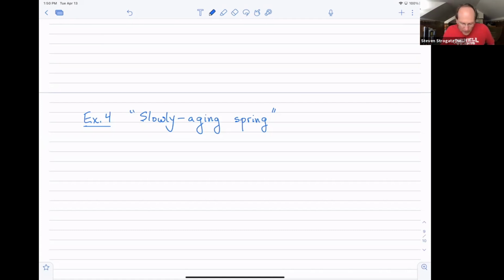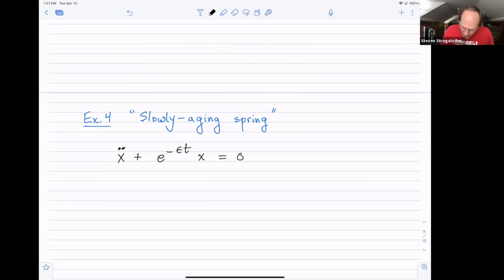But here I'm just going to model an aging spring in this way. I'm going to assume that its spring constant, its stiffness, decays to 0 exponentially, but exponentially slowly. So we'll write it this way: x double dot, where dots mean time derivative, plus e to the minus epsilon t times x equals 0.